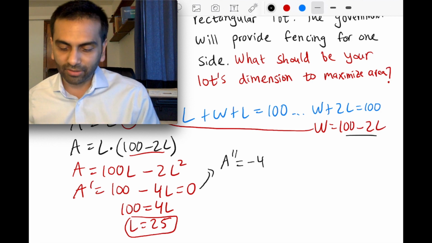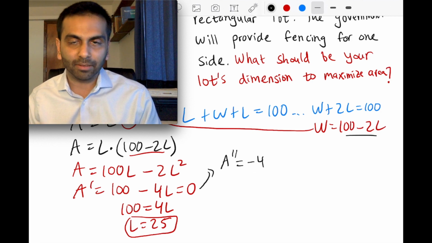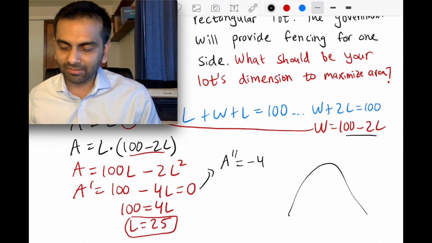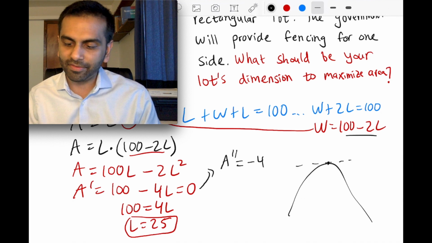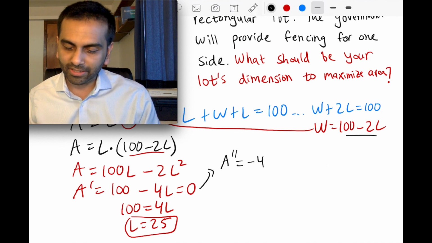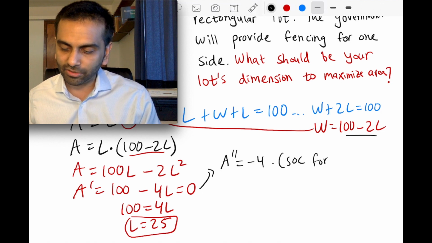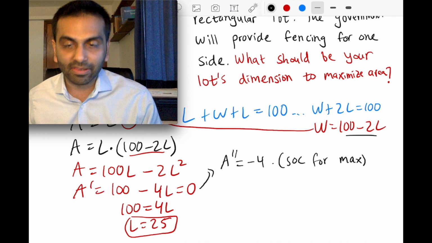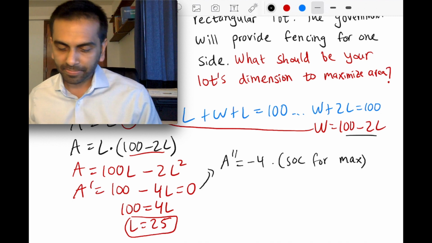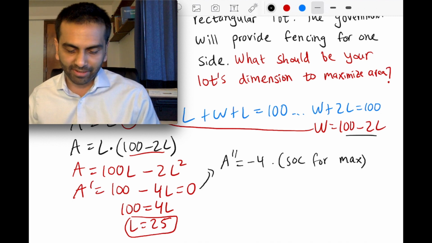If the second derivative is negative, it's always concave down, which means that the critical point must have been a maximum rather than a minimum. So the second order condition, SOC, is satisfied for a max rather than a min, because it's negative. So we found the length.